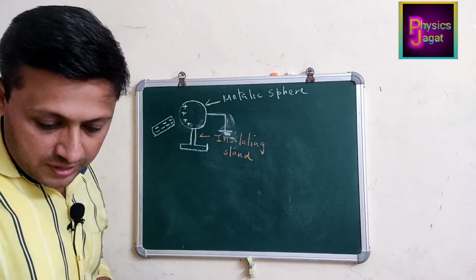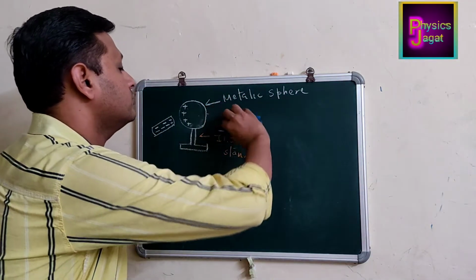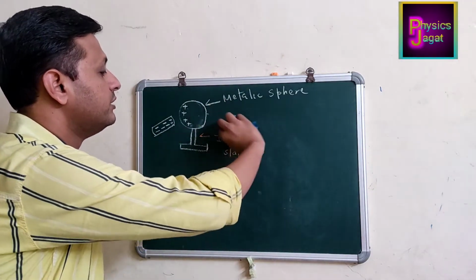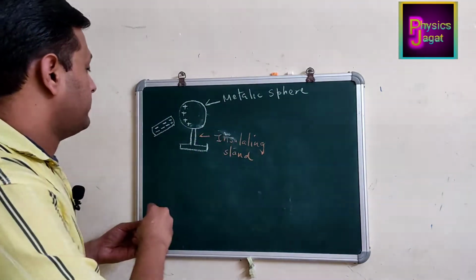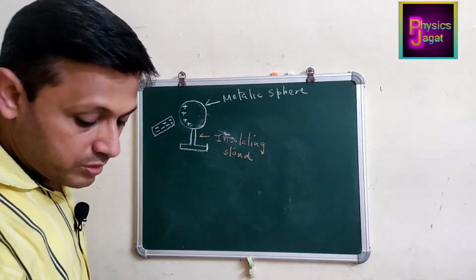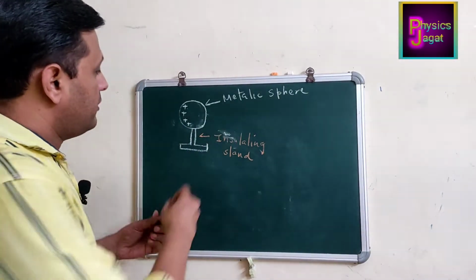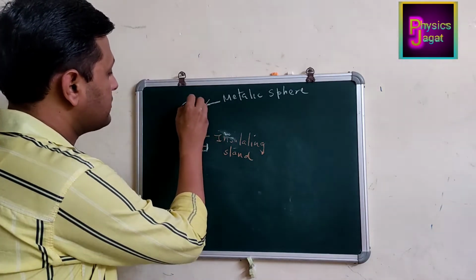And after all the electrons have gone into the earth, what we do is remove the conducting wire. And after some time we remove this plastic rod also. If you remove the plastic rod, what will happen?